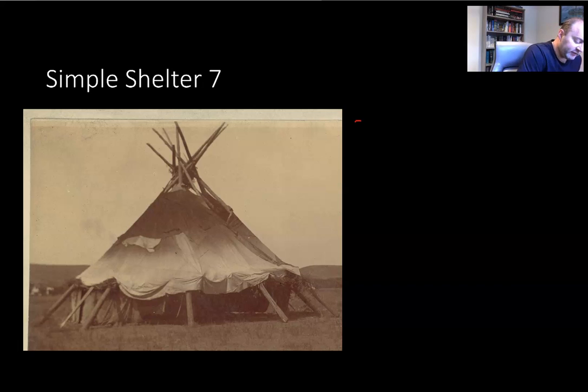So again, what we have here is wooden poles providing structure. These things do look to be fairly well anchored into the ground. Now, again, not permanently. We can see this one just seems to be resting.